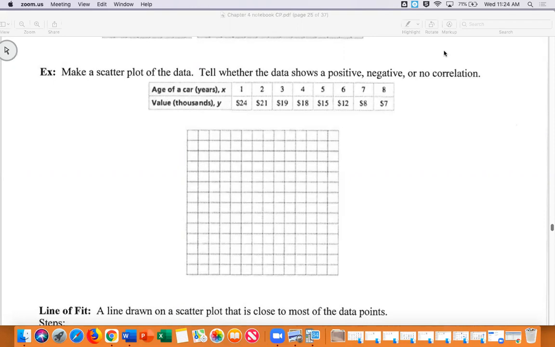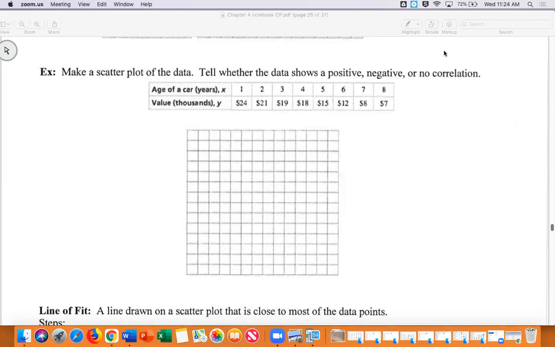The value does what? Down. So what type of correlation is it when one increases and the other decreases? Positive, negative, or no correlation? Negative correlation.